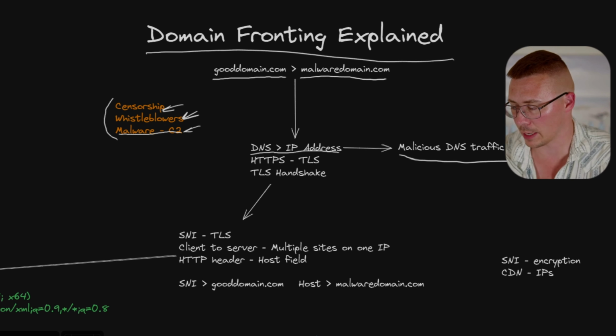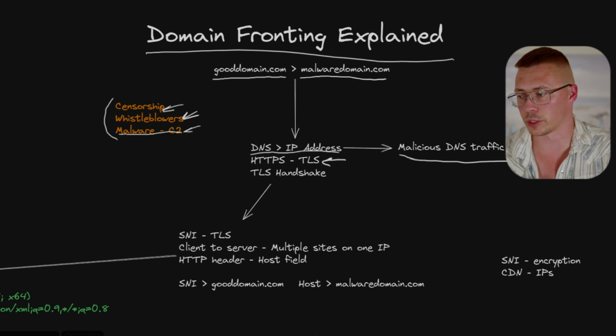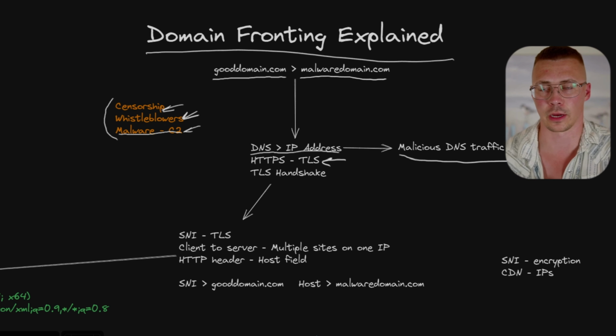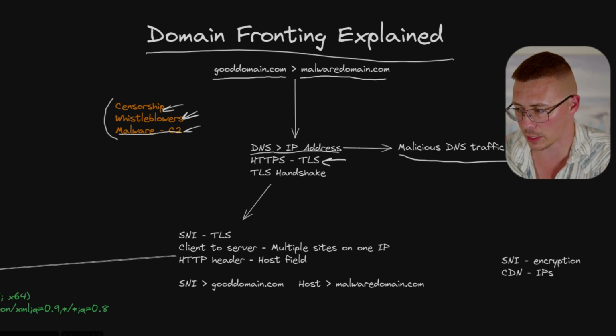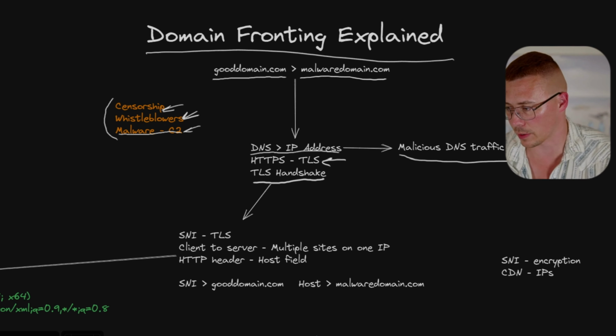And then you have HTTPS, which works hand in hand with TLS, which is transport layer security, which helps do things like encrypt traffic going to and from a website. And then you have the TLS handshake, which is where we start coming into play with how domain fronting works.